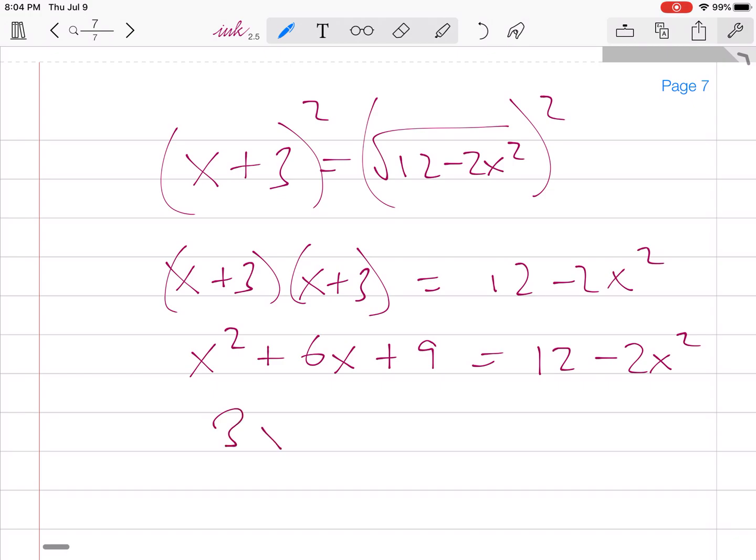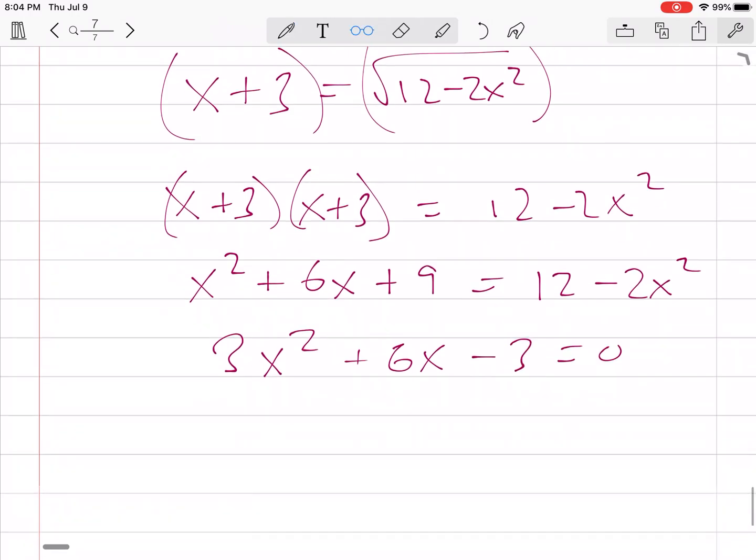So you've got 3x squared plus 6x minus 3 equals 0. So you should recognize this format.